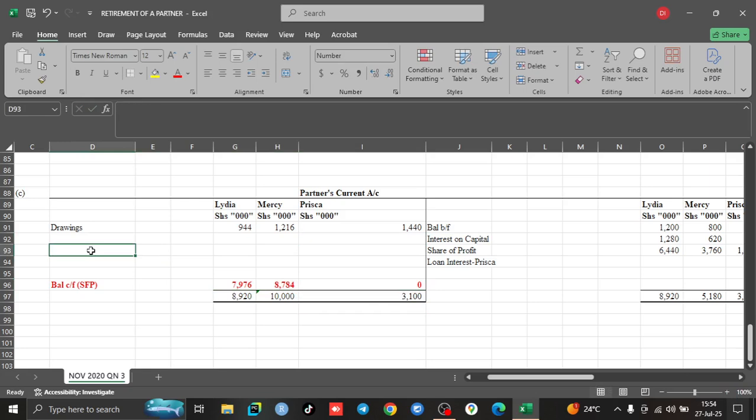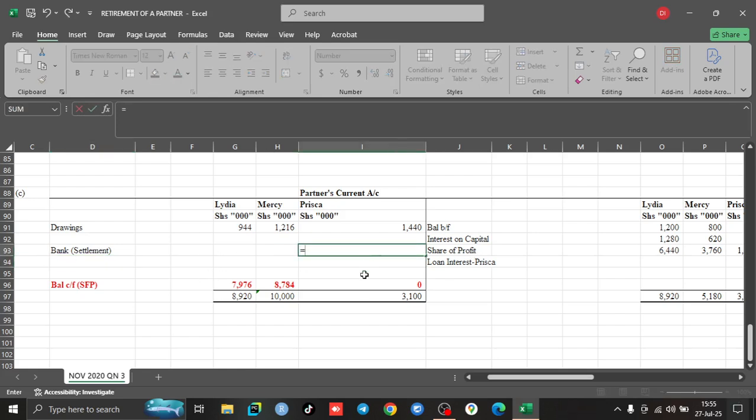Instead, whatever is a balancing figure should be bank. That is, it should be settled. So when you go to make our SFP, we are going to deduct the amount that is going to be settled towards a current account, which is 1660 shillings.